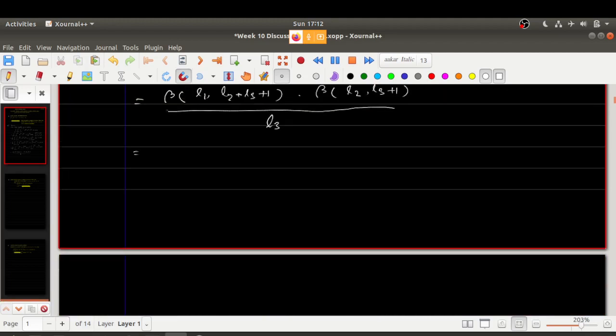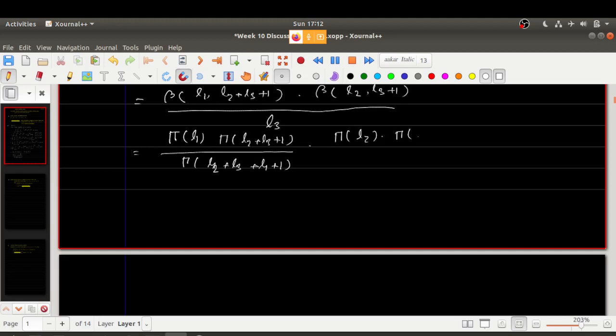If you put in the values, you will get gamma L1 gamma of L2 plus L3 plus 1 by gamma of L2 plus L3 plus L1 plus 1, and then the other two terms, gamma L2 gamma of L3 plus 1 divided by gamma of L2 plus L3 plus 1, and 1 by L3 will be there, right?